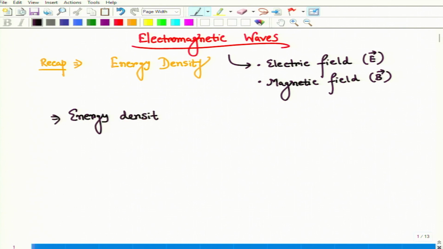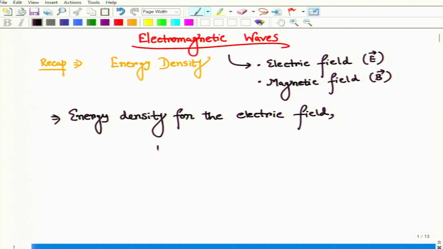I am not going to derive it again as I derived it in the last class. Energy density for the electric field. Okay, what is the energy density for the electric field?